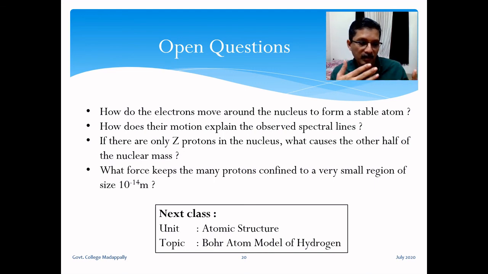By analyzing the results, we try to infer information about the structure of the atom, or the structure of the nucleus. We study the structure of fundamental particles, nucleons, and other fundamental particles. We discover newer and newer particles.